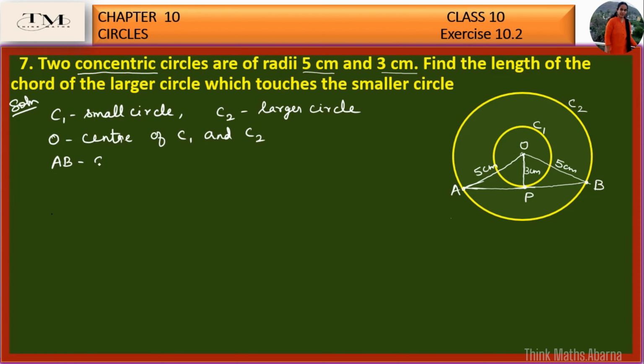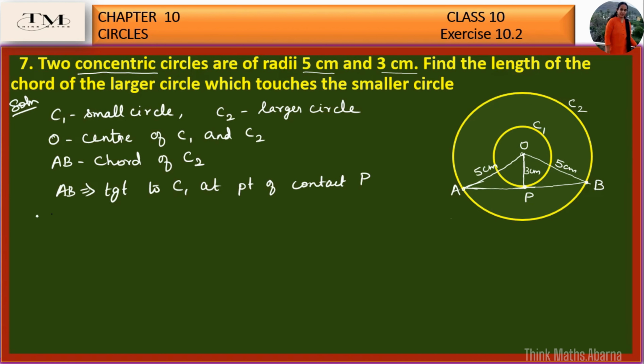AB is a chord of the larger circle C2. Since AB touches the small circle C1 at one point, AB is tangent to C1 at the point of contact P. So these are the data given.